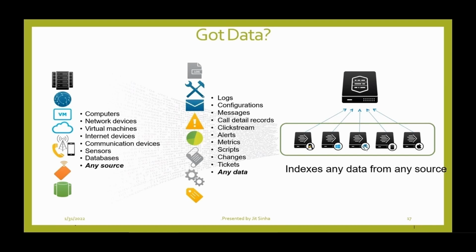You can get the data via HTTP event collector, which is a separate topic. You can install it on Apple as well. And then you can forward the data from all these different application servers to your central repository, which is known as the Splunk centralized server.